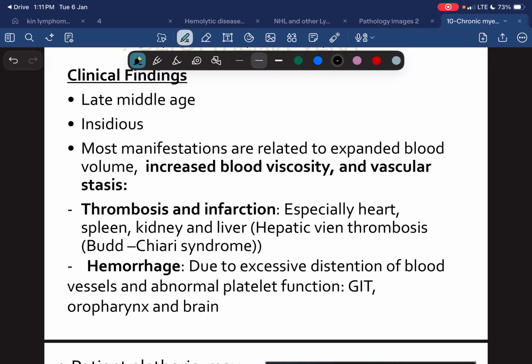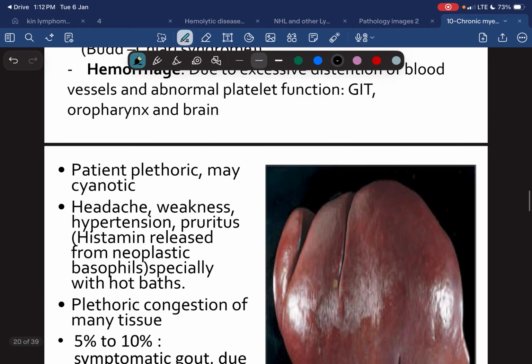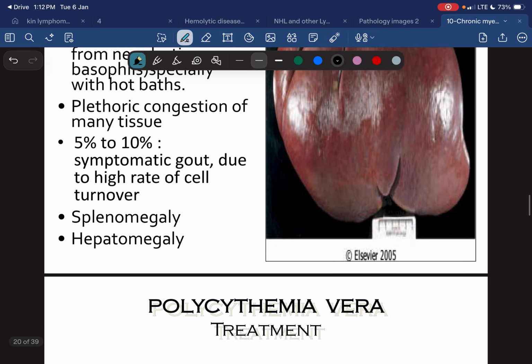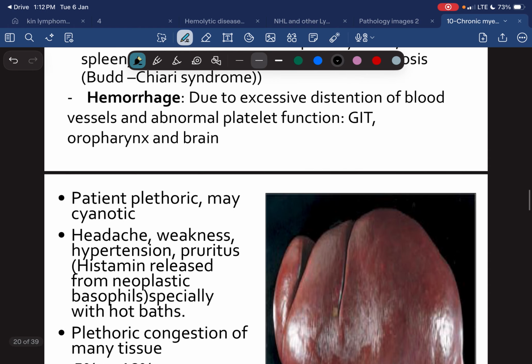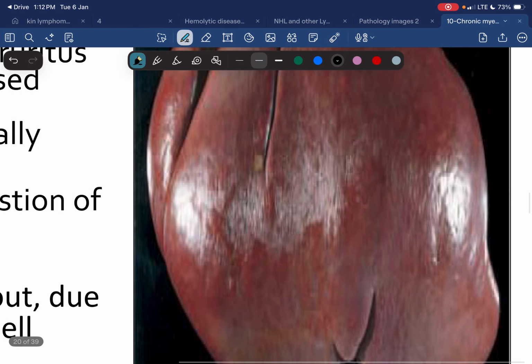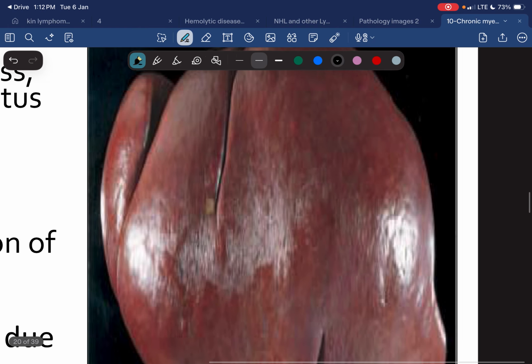As we said, basophilia is also seen in polycythemia vera. Patients may also present with gout and hyperuricemia due to what? High level or fast turnover of cells. This is a congested plethoric liver, enlarged due to congestion of the blood.